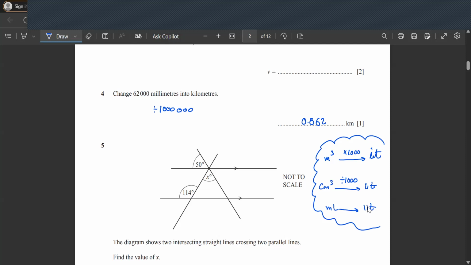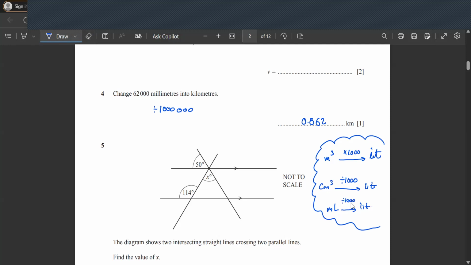From milliliter to liter, 1000. Milliliters to liters, okay, from small to big, divide by 1000 also.